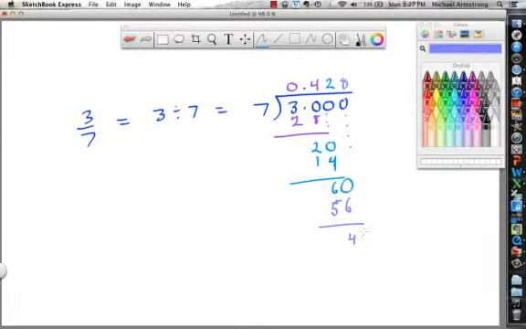That's going to leave 4. I have to add another 0. Now this might be one of those that goes on forever. I had 30, 20, 60, now 40. 7 times 5 is 35. Which leaves 5.